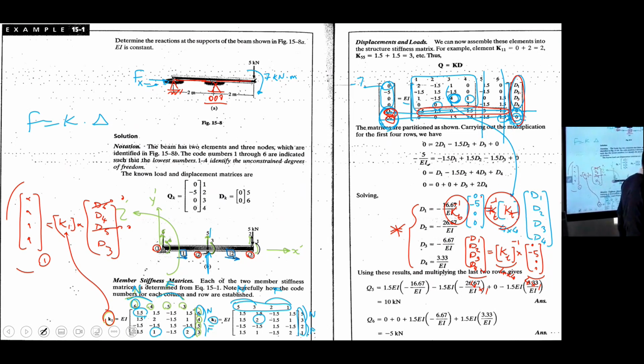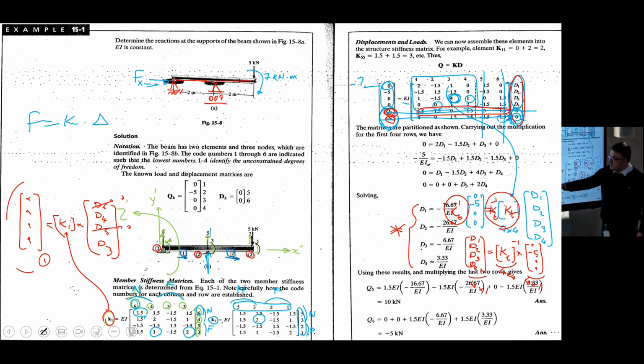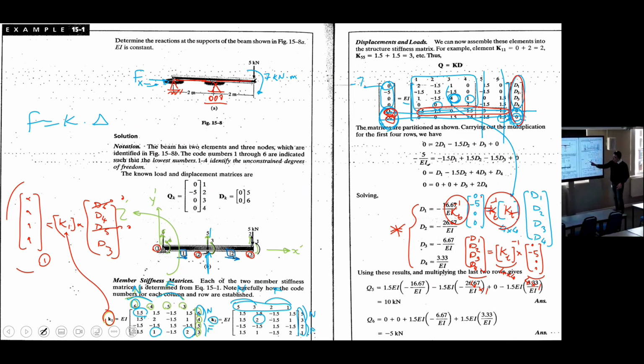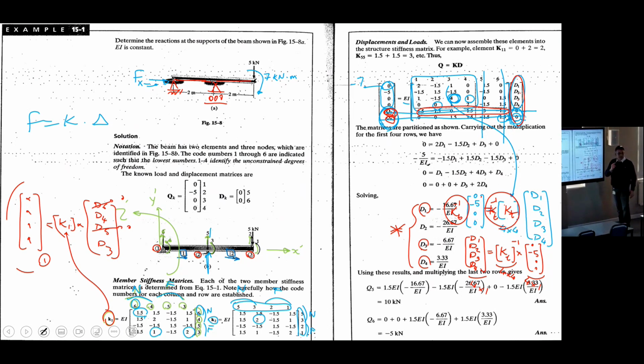Look at here. D1 is rotational. D2 is transversal. 3 and 4 are rotational. 1, 3, 4 are rotational. They're radians. This one is meter.